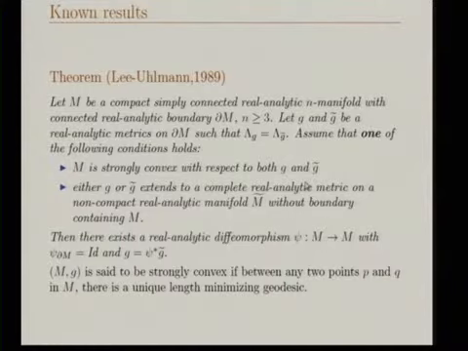But forget about this. Suppose you have real analytic metrics, then there exists a real analytic diffeomorphism fixing the boundary such that G and G tilde are related by that diffeomorphism.